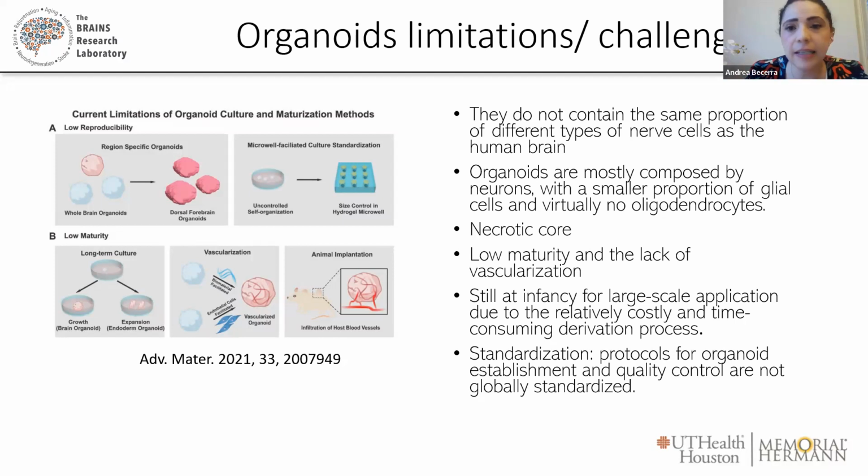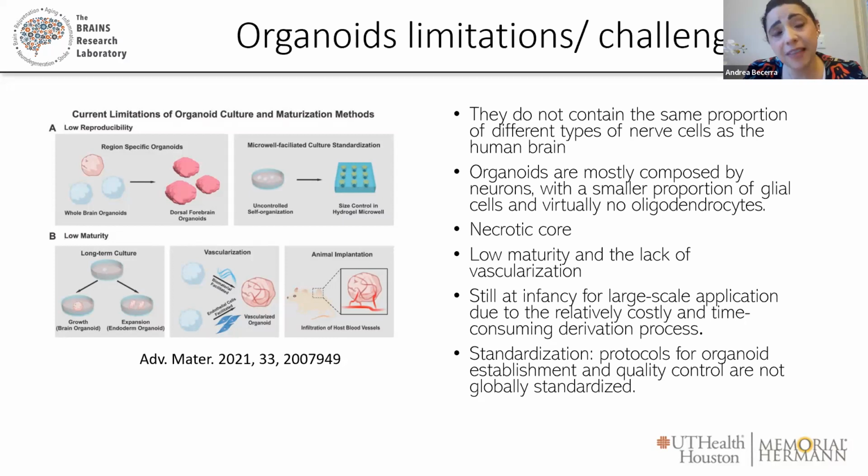Another thing is they don't contain the same proportion of different types of nerve cells as a human brain, of course, for the size. Organoids are mostly composed of neurons with a smaller proportion of glial cells, and virtually no oligodendrocytes. Oligodendrocytes are very important in the neural tissue because these cells are in charge of myelination of the axons.